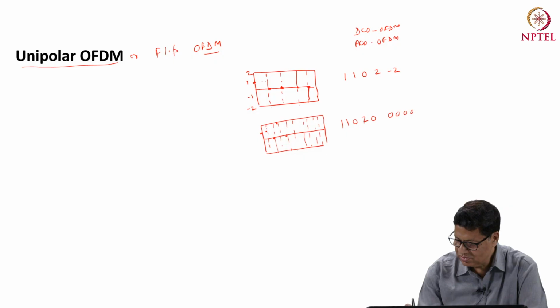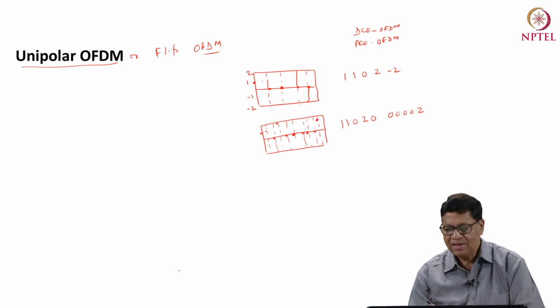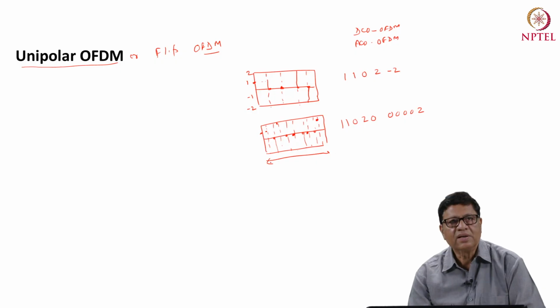Again, the last one will be 2, the reverse. So the second half will have 4 zeros, and 2. So basically all the samples are positive, and the information of the negative samples is covered in this time frame. So this is called unipolar OFDM.